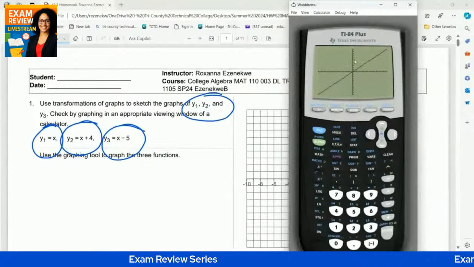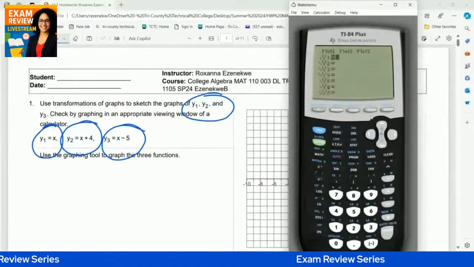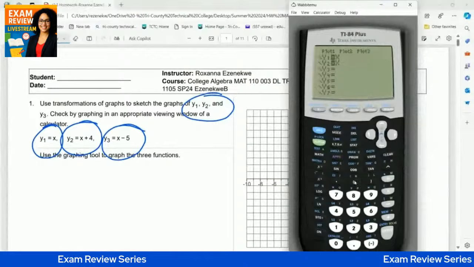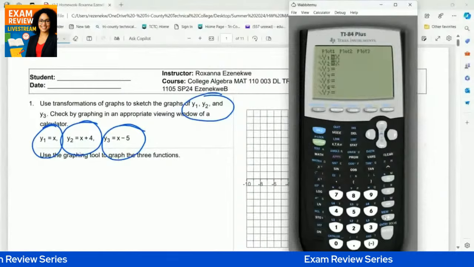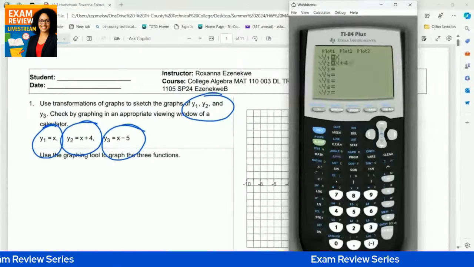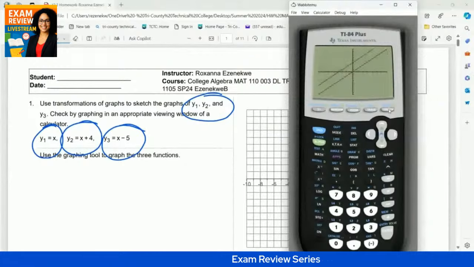And then when I add 4 to this parent function, I will go to my Y2 and put in x plus 4. So the parent function should be moving up 4 units. So I'm going to graph, move the 4 units, a vertical translation of a linear function.